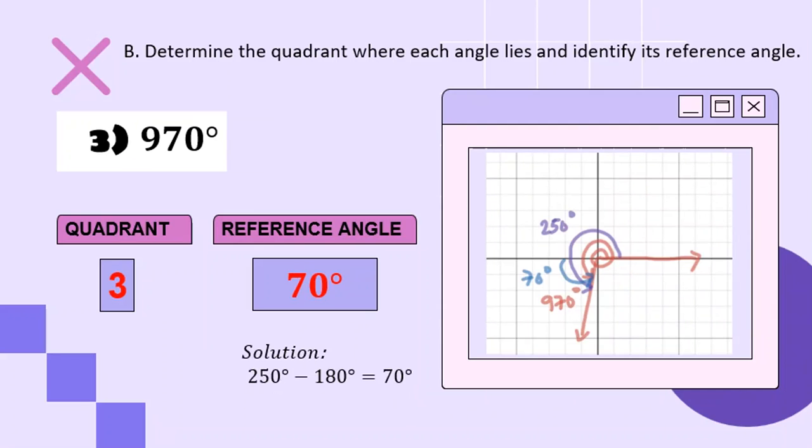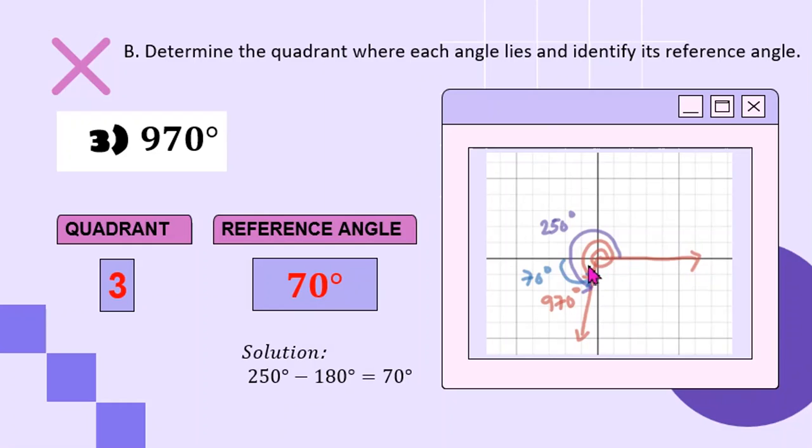Okay, and let's have 970 degrees. Let's plot 970 degrees first. One full revolution, look at the red. One full revolution is 360. Two full revolutions is 720. I ended here, so it's wrong, the red one. Take note of this one.